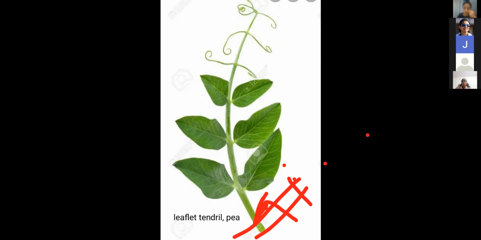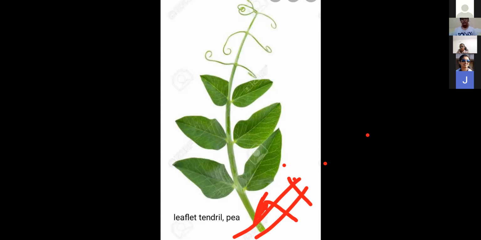Ma'am, pinnately compound. Pinnately compound leaf. Okay. Arpita: pinnately compound. Okay, I hope you all are now clear with this concept. Your answers are all correct. That's a pinnately compound leaf, right?